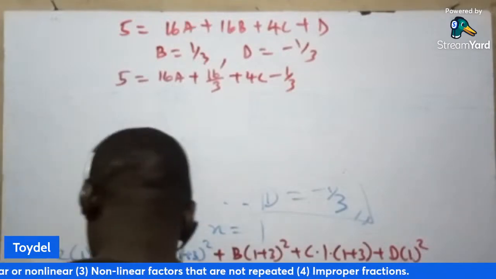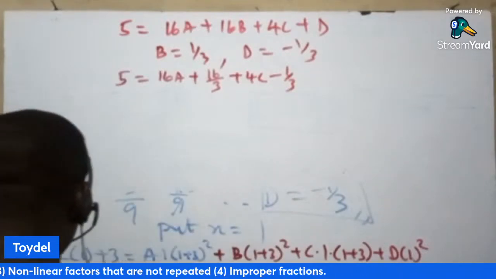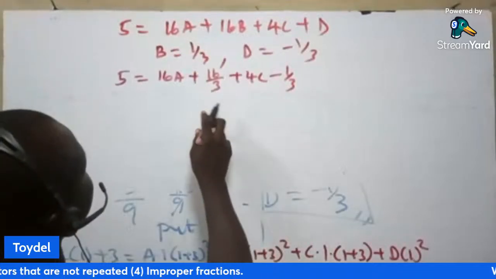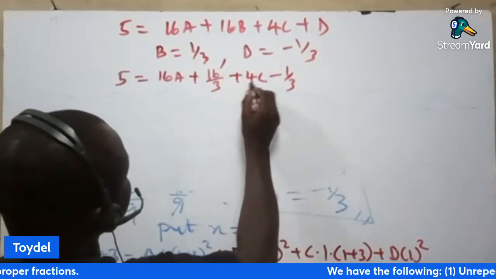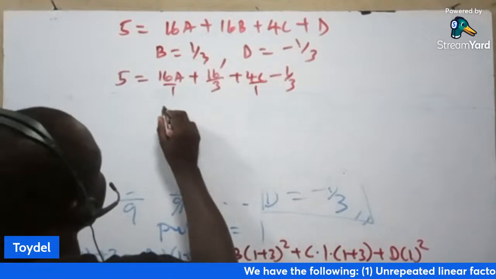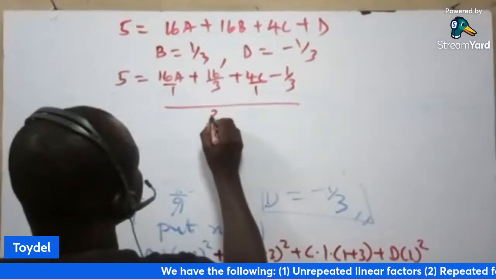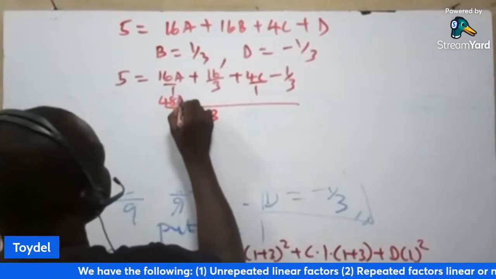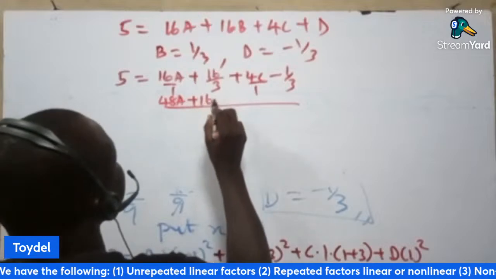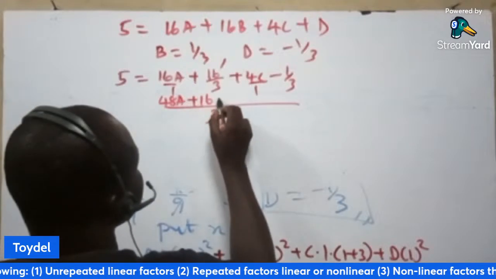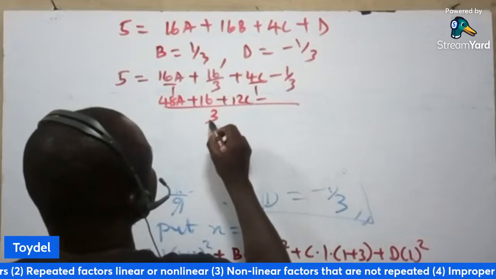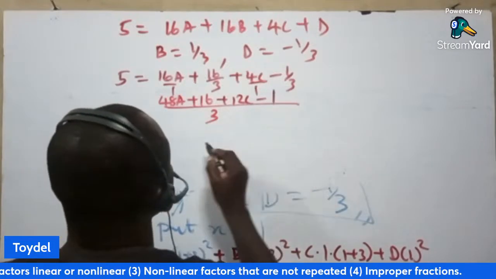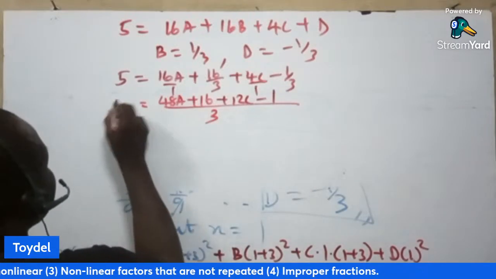So from this point, we can multiply through by 3. So we can say the LCM here is 3. This will give you 48A plus 16 plus 12C minus 1, equal to 5 times 3.